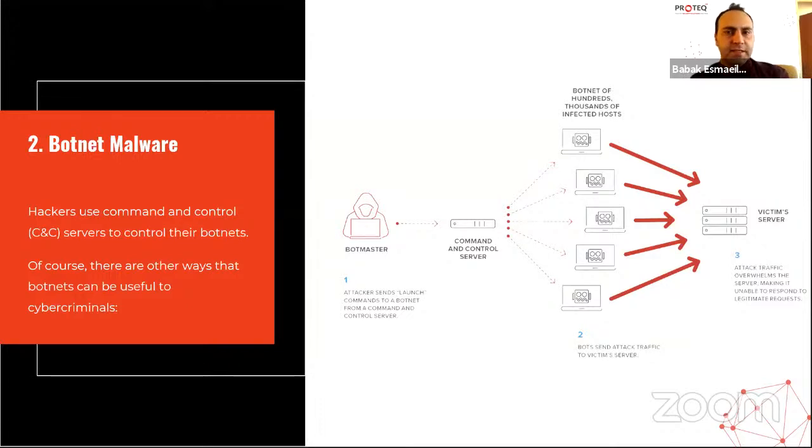So they ask their infected clients to ping one server, Microsoft.com. Imagine 2 million clients sending requests to that server. The server will be out of service this way. This is also called denial of service.